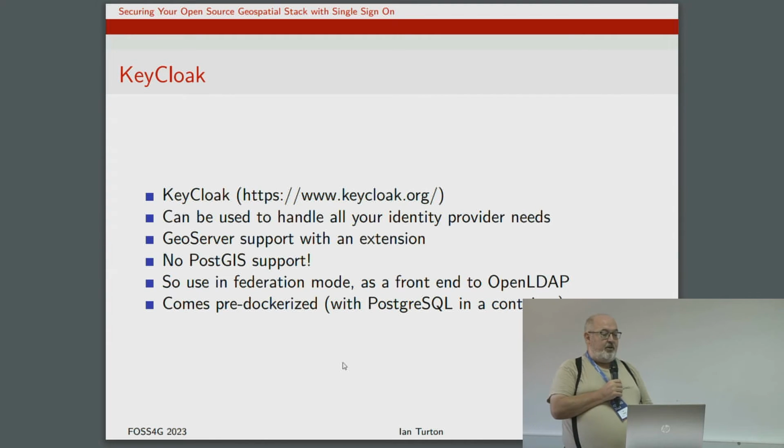Basically it can be used to provide all your identity provider needs. You can do OAuth and things, and you can do your web access and things as well. But we use it very simply as just an interface, as a front end to our LDAP service. GeoServer actually has a Keycloak extension that will talk directly to it, though somebody was telling me they're dropping that as a separate authentication method now.